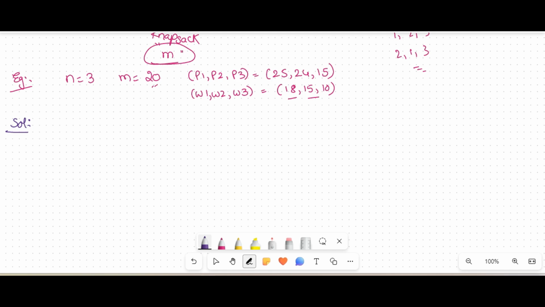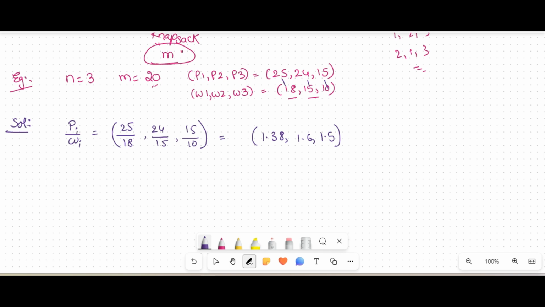To find it, first we have to write Pi by Wi. So Pi by Wi is 25 by 18, 24 by 15, 15 by 10, which is nothing but 1.38, 1.6, 1.5.